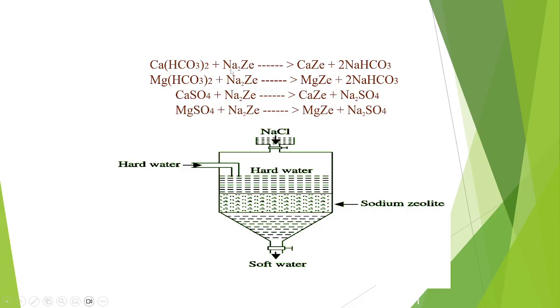So the sodium will react with the calcium and magnesium ions present in the water and readily replace those ions from the water. The calcium and magnesium ions, that is, the hardness-causing elements, will deposit on the bed itself, and the water coming out of the cylinder is completely free from all the hardness-causing agents, that is, calcium and magnesium ions.